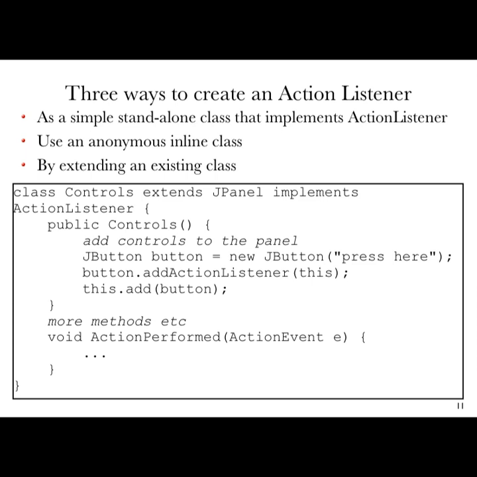So let's think about a bit of code for this. How are we going to actually do this? There are various ways of doing it. The simplest way to understand is writing a class that implements the ActionListener. But more commonly, there's a way that's very idiomatic to Java and languages like it, which we'll look at in a minute, called using an anonymous inline class.